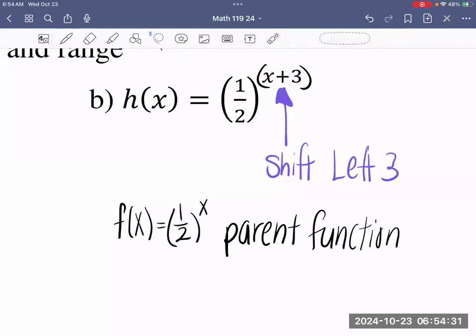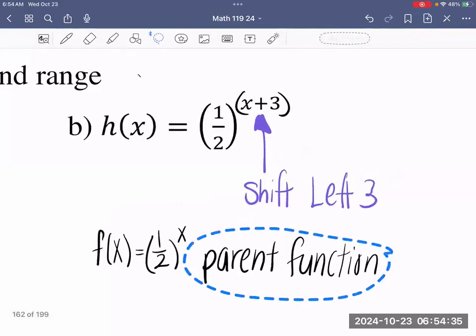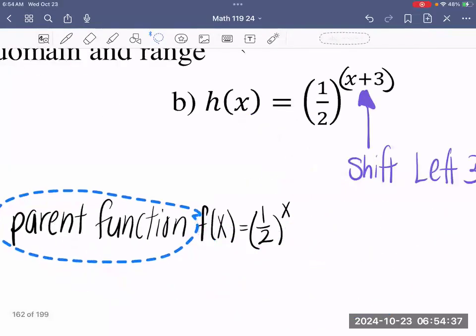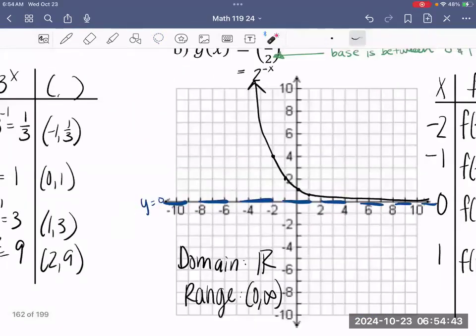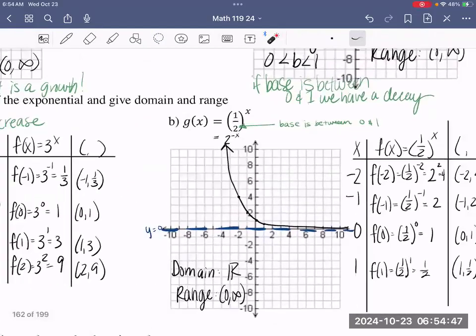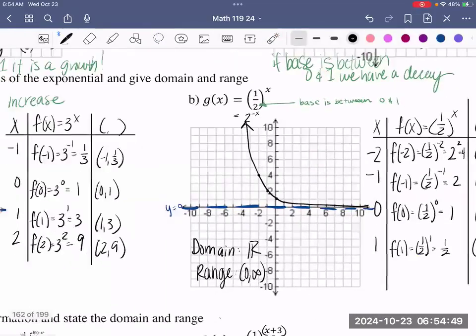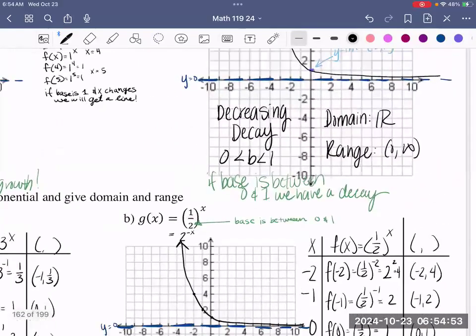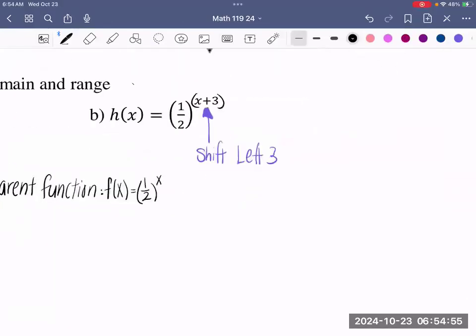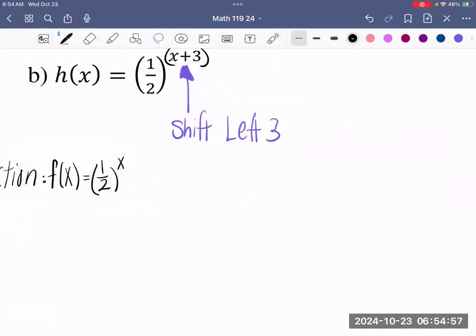Now, we've already graphed this parent function from before. Let me try to grab that one more time. Our graph should look like it is decreasing, so it is a decay. I realize I did not write decay over here. No, I did. So it is a decay. Let's go ahead and do your transformation.